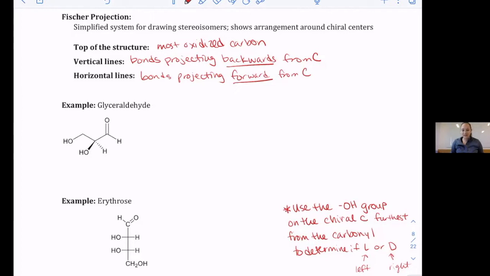So let's do an example. We're going to transform this molecule, which is glyceraldehyde, into its Fischer projection form. I'm going to go ahead and circle this carbon atom here, which is going to be at the top of our Fischer projection. I'm going to draw my carbonyl with my aldehyde, and I'm going to draw just a straight line going down.